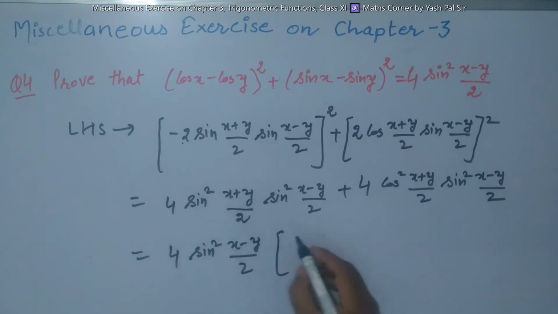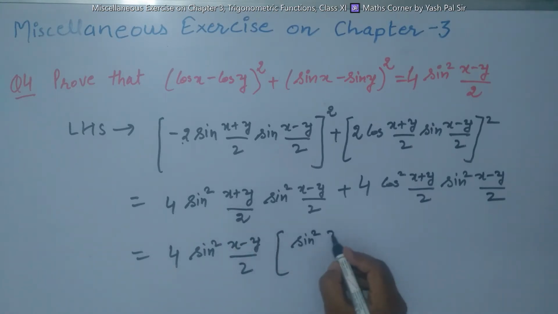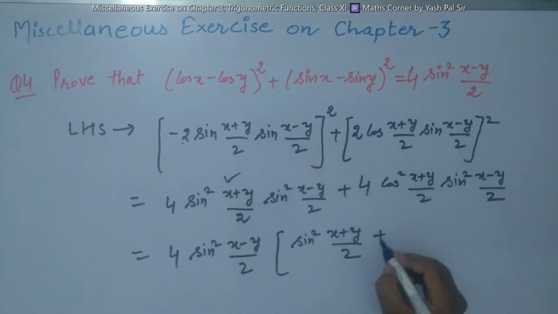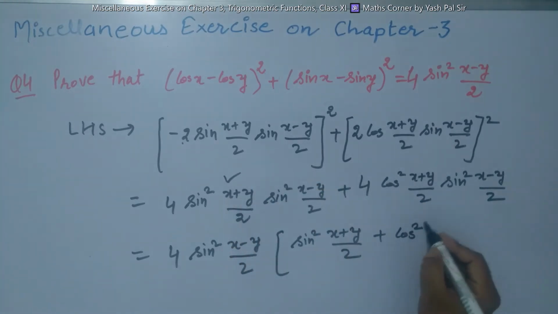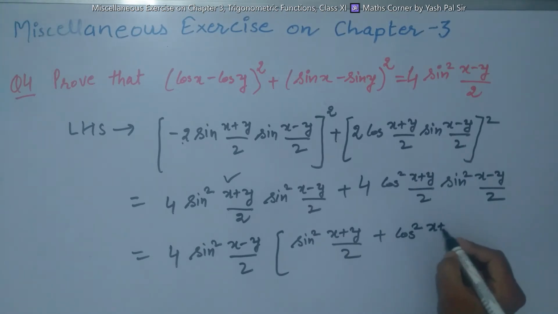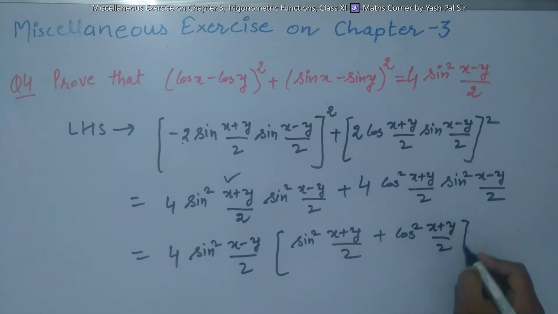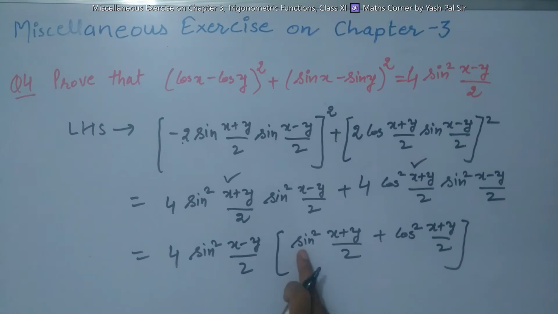What are we left with? Sin square of (x plus y) upon 2 plus cos square of (x plus y) upon 2. So sin square theta plus cos square theta is again equal to 1. So what is the result? 4 sin square of (x minus y) upon 2, which is the right hand side of the question. Hence proved.